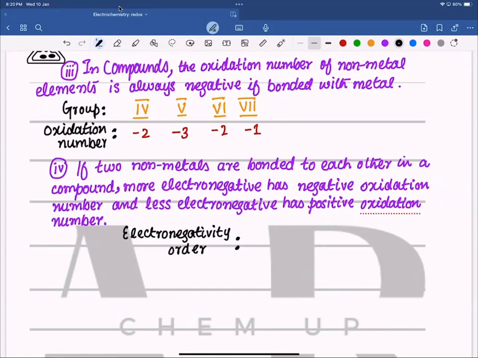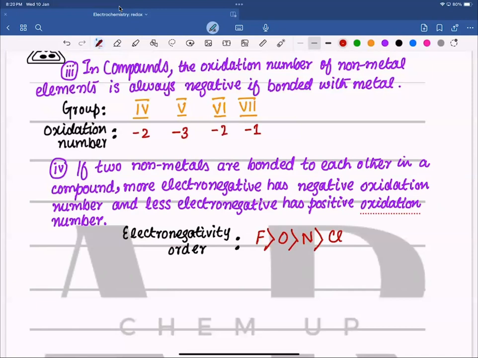The fluorine, oxygen, nitrogen. Good. The most electronegative one is fluorine, then oxygen, then nitrogen, and then chlorine.